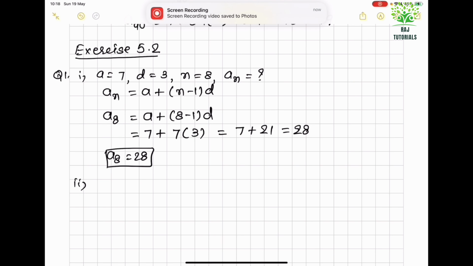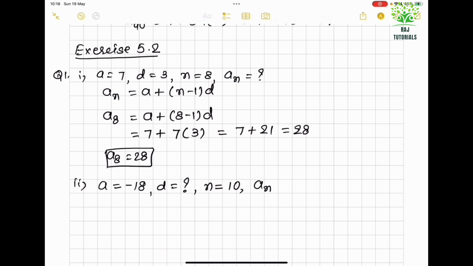In the second one, it says first term A equal to minus 18. D I am not given. N is 10 and AN is 0. That is, they have given me A, N as 10, and AN, that is 0.